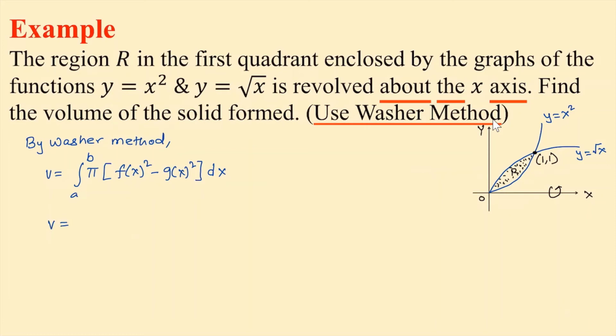So the lower x value is 0 and the upper x value is 1.